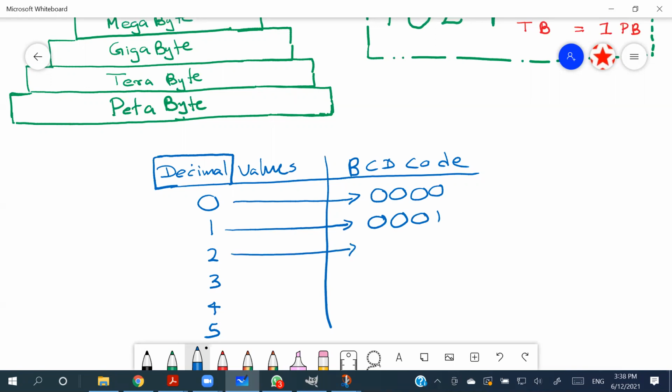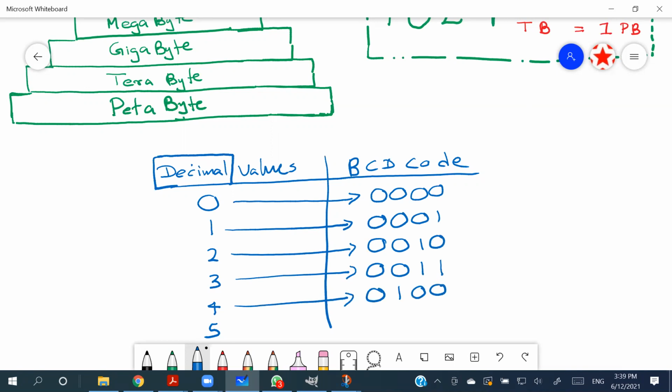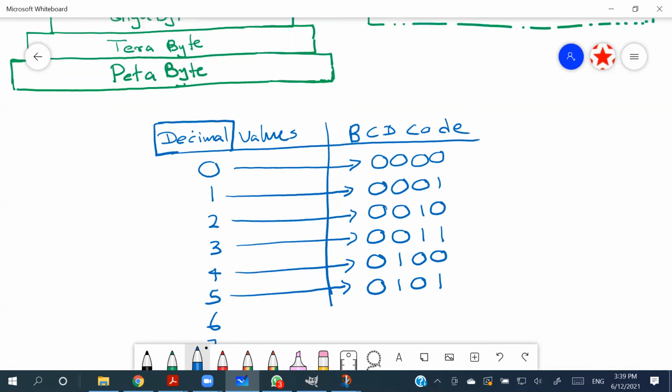2 is written as 0010. 3 is written as 0011. 4 is written as 0100. 5, they wrote as 0101. Right, and 6, they have used 0110.